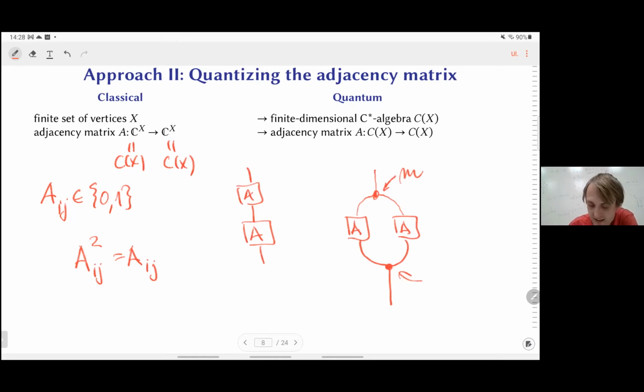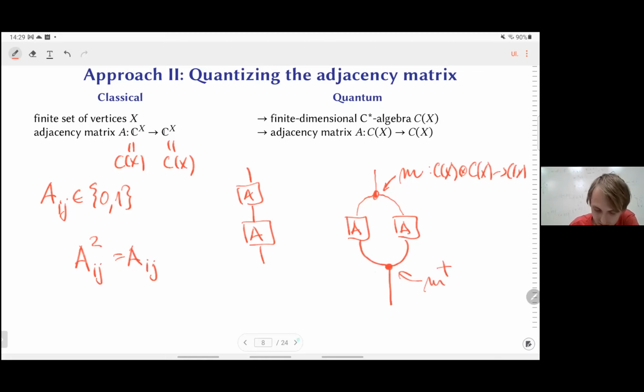Basically, what we need is to fix some inner product on our C-star algebra, and then with respect to this inner product, we can take the dual of this map, and then we can formulate this condition.